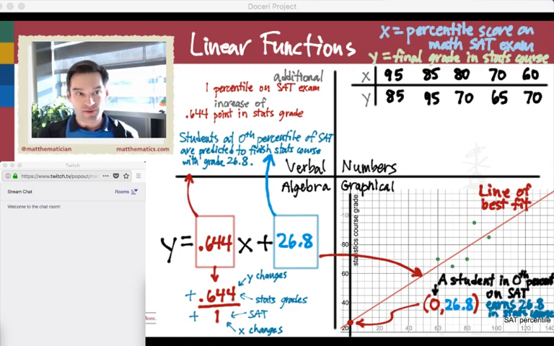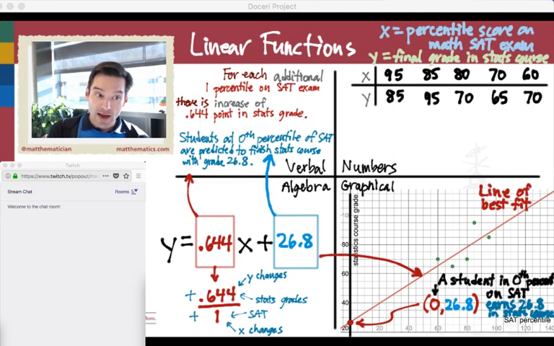Those are all synonymous, one with another. And then I'll just add in the final words here that indicate that there's this relationship. For each additional 1 percentile earned on the SAT exam, there is an increase of 0.644 points in the stats grade.